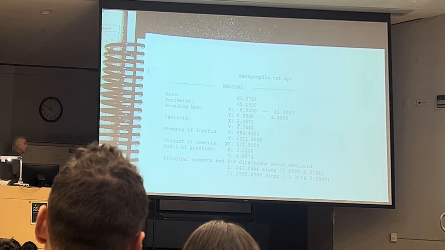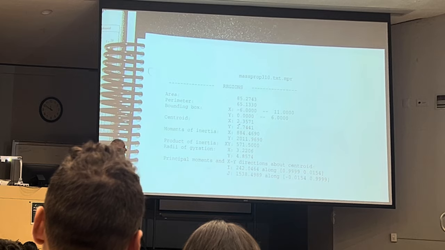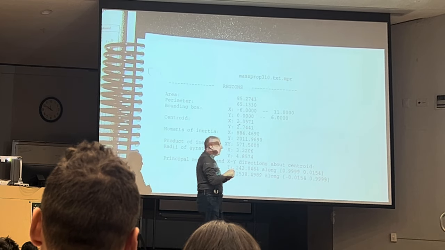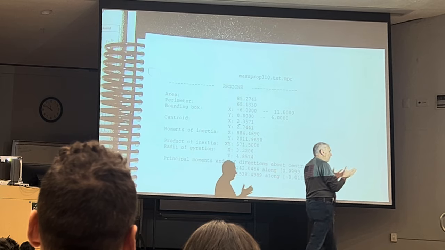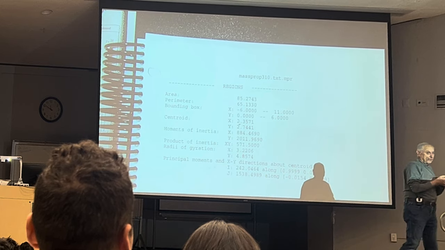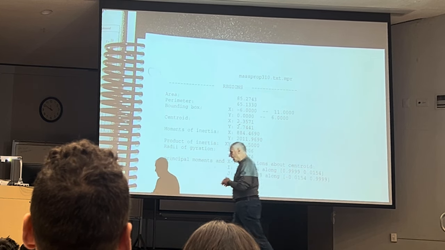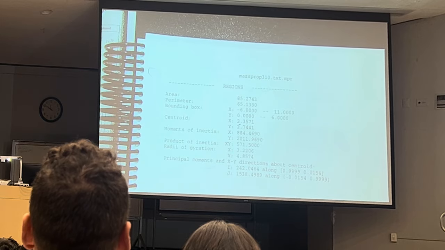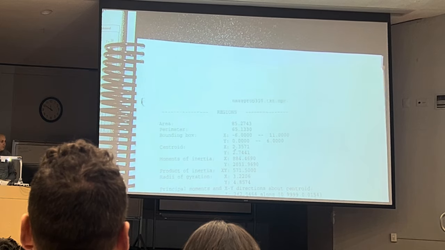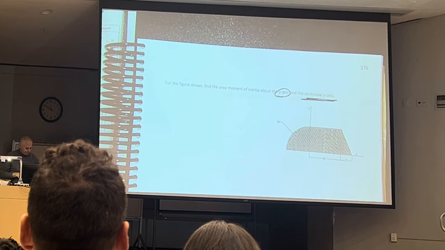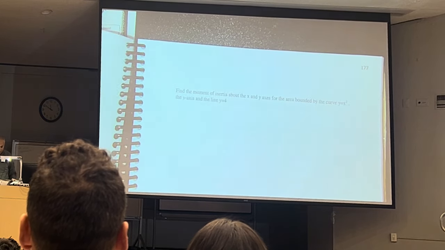So you draw it up and you ask it to find the mass properties of this thing, and it will do it for you. You don't have to do it by hand, but you need to know how to use AutoCAD. Okay? Questions? All right. So that takes care of that problem.